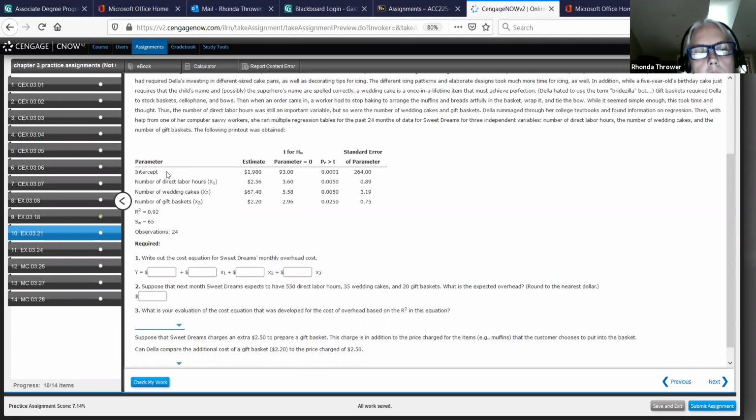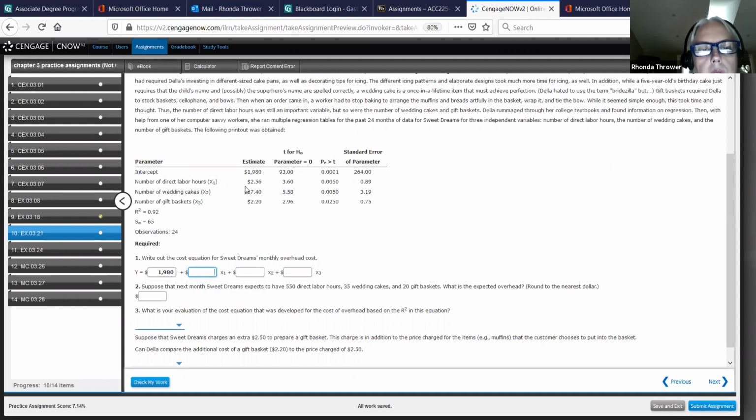So what this means here is this intercept right here that they've got is your fixed cost. So my fixed cost, which would be the first blank in the formula, will be 1,980. In the second blank that they've got here, this is the variable cost per unit.